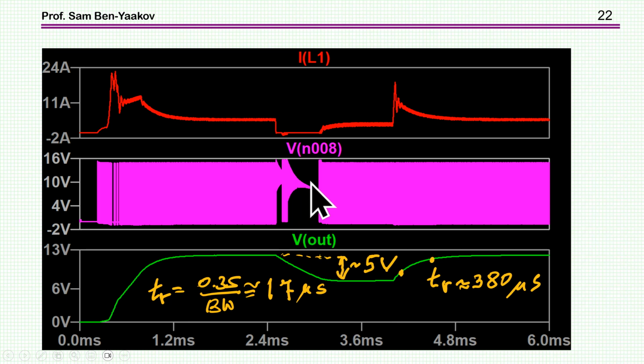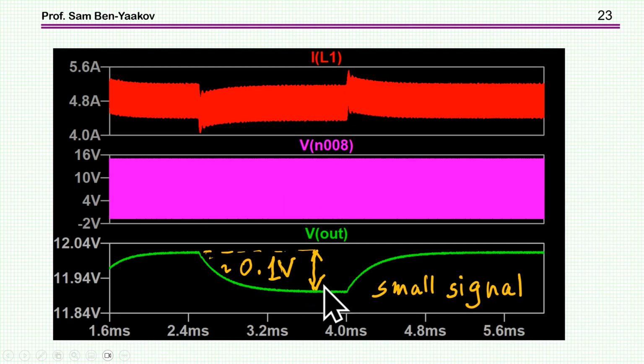Also, we see here that this is certainly non-linear because the switching is turned off, and again, the two transistors are off. Now, this is for a large signal. It's supposed to cause a 5-volt drop. So let's see what happens with a small signal. Okay, so I have here only a drop of 0.1, that is, I've reduced the injection to be very, very low, and the drop is only 0.1.